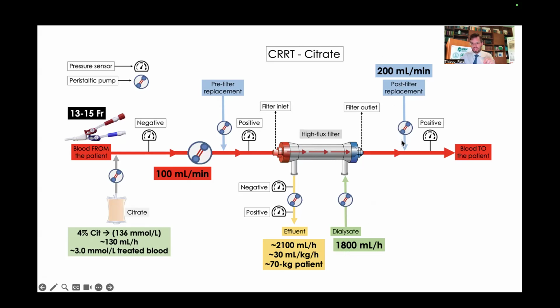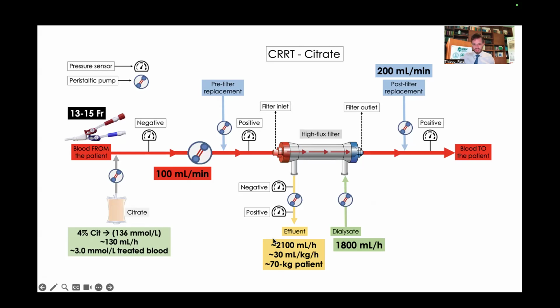Depending on the machine, we apply only 200 mLs per minute in the post filter replacement pump, and we would be removing, for example, 100 mLs per hour. So even ultrafiltration is part of the dose. The main components of the dose are dialysate flow, replacement flow, and ultrafiltration.